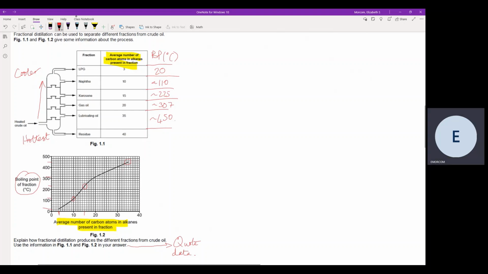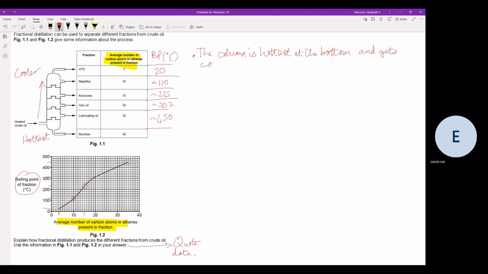All right, so let's write this down. So the column is hottest at the bottom, and gets cooler going up.